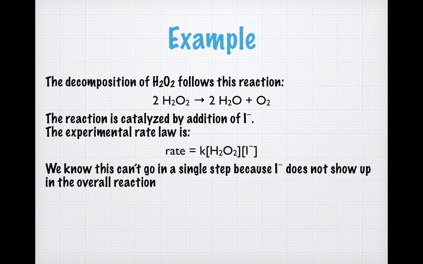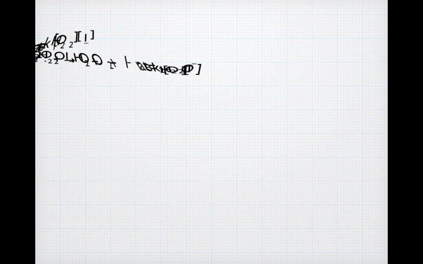And so we're going to have to create a mechanism that has at least two steps where I minus is part of that slow step, because then it's going to show up in the rate law. So let's just propose a mechanism. We're just going to propose a simple two-step mechanism here, and let's see what we get.